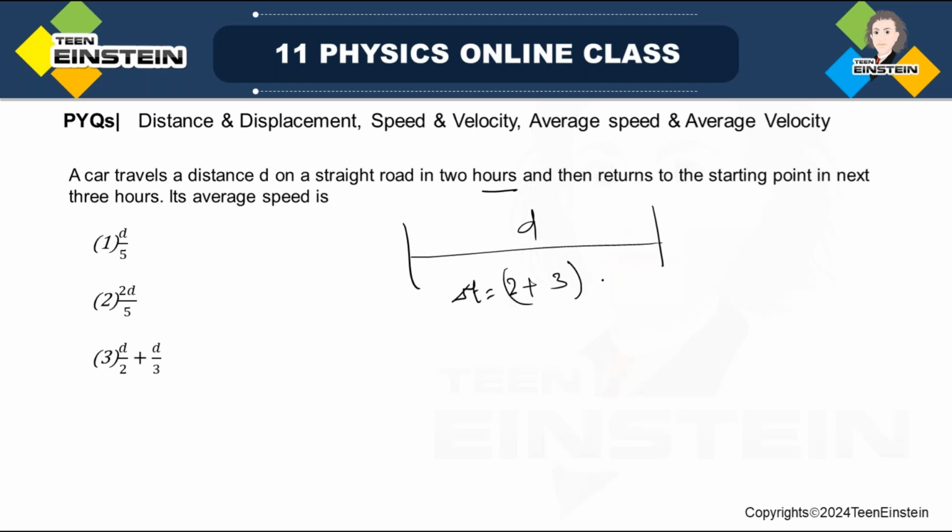So it is actually total 5 hours, and distance traveled is 2d. So average speed will be 2d by 5 hours. Okay, so this is actually average speed. Oh, there was an option 0 actually.